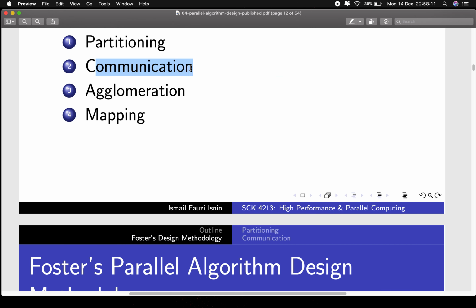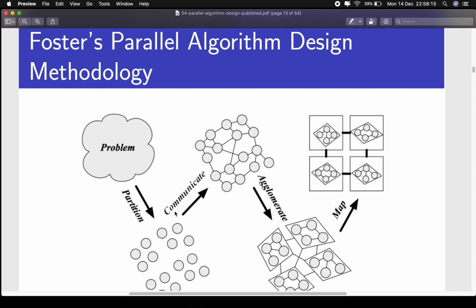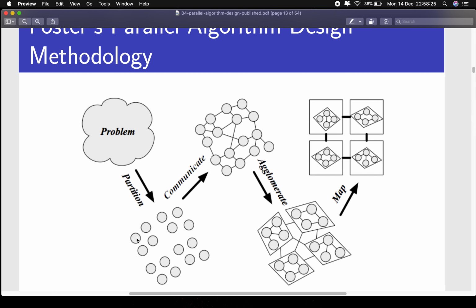Under communication, you will link the groups to each other. Let's say this is problem A, problem B, problem C. Over here there is the same problem, but maybe A and B are linked together to each other.